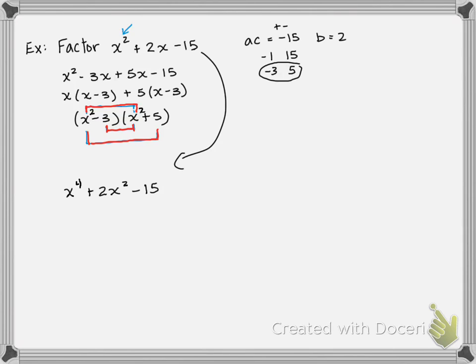You guys see how those relate? So like if I change that from x to x squared, then instead of doing x times x when I multiply the two first terms, I'm doing x squared times x squared, which gives me x to the 4th. And instead of doing negative 3 times x and x times 5, I'm doing negative 3 times x squared and x squared times 5.